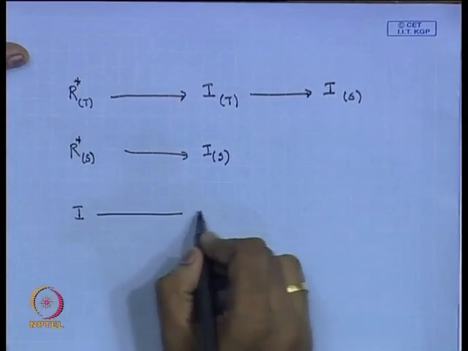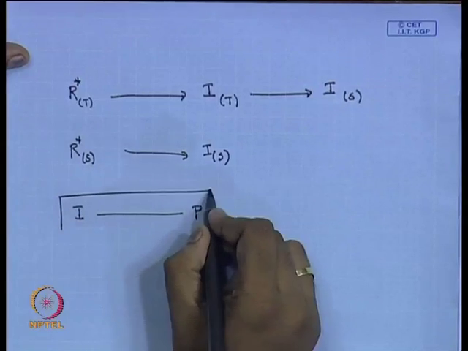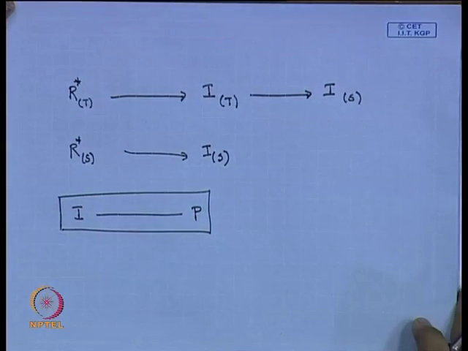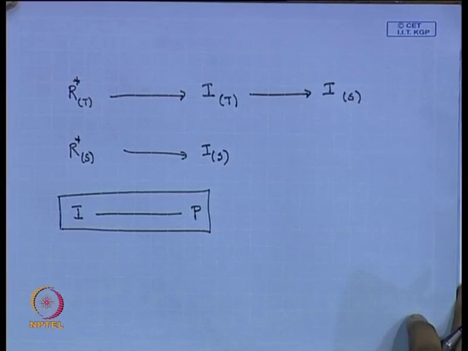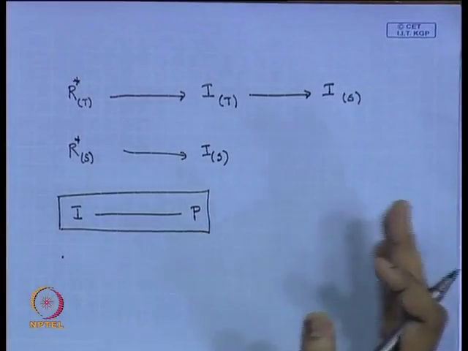Now, what we will do is the final one, which is most of the time the simple one. It is your I to P, which you have studied, because this is mostly ground state reactivity which you have studied, I to P. The two points you have to remember when you transform from I to P is that, one, the I to P can be a single step, or it necessarily need not be a single step.